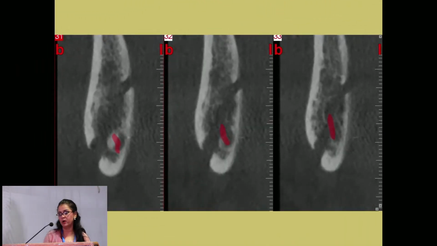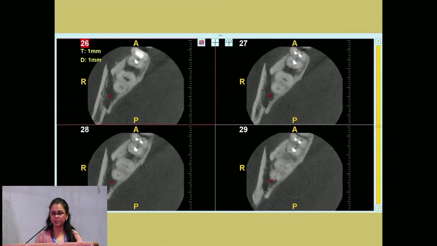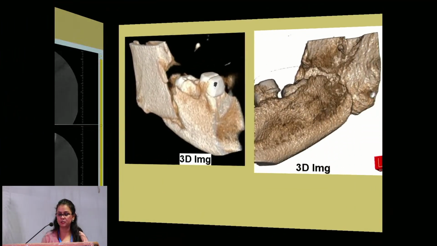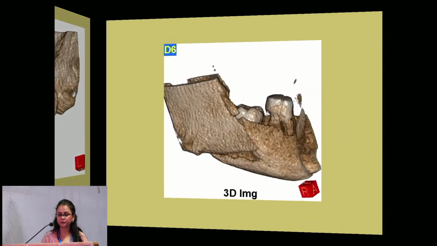So whenever you're going for an impacted tooth, and there is even a 1% chance that you might wonder whether it can be extracted, go for a 3D modality. This I'm displaying in the cross section, in the axial section, and this is how you give your report after seeing all the sections. The whole thing has been fractured completely.